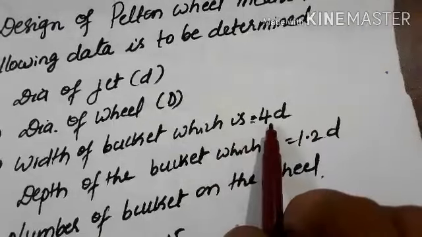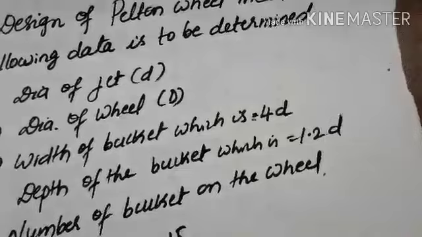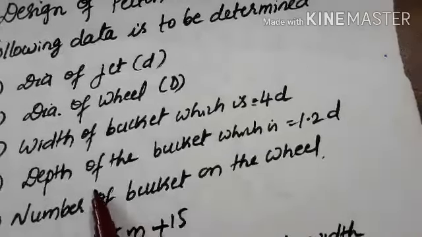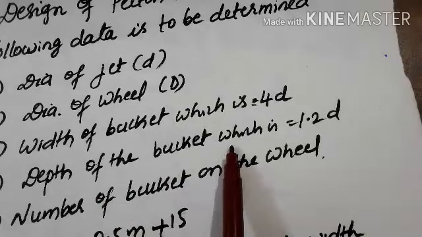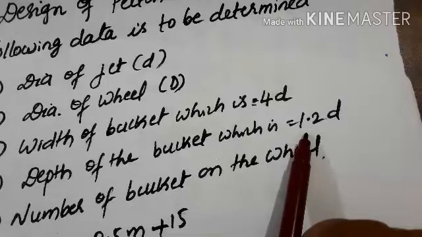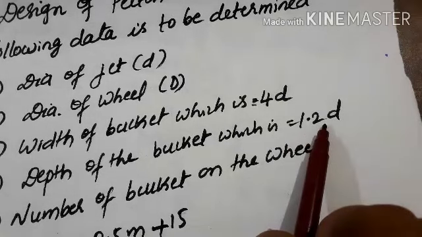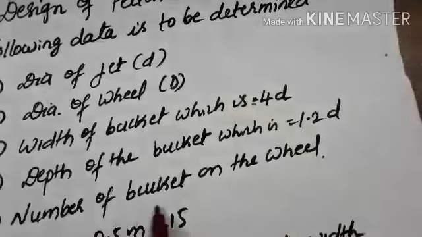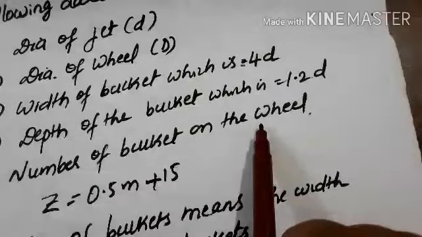So I am taking here 4 times the diameter of jet. Then you have to calculate the depth of the bucket, which is to be taken 1.2 times the diameter of jet, and the number of buckets on the wheel.